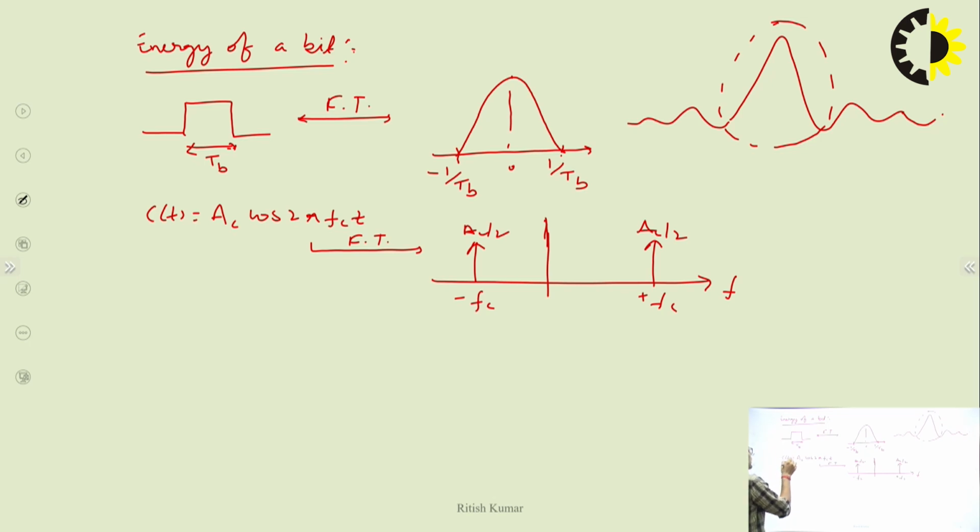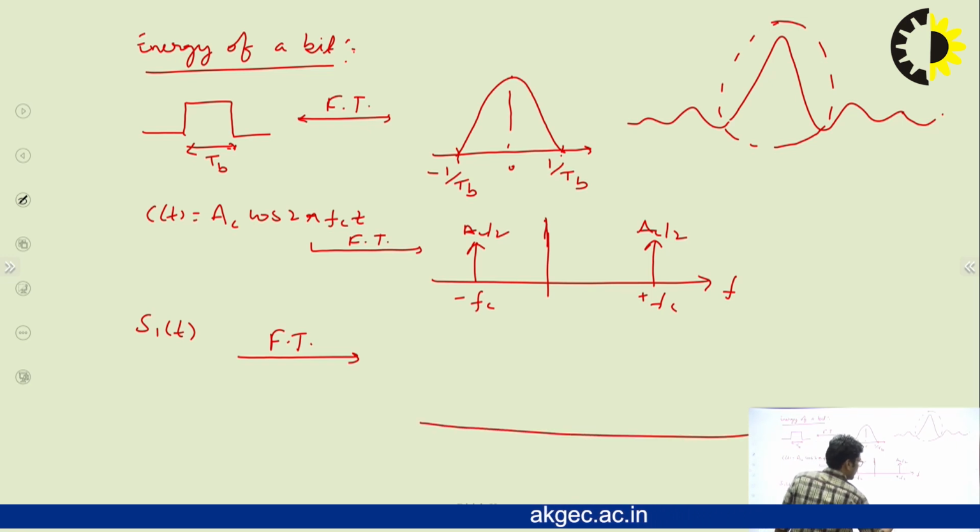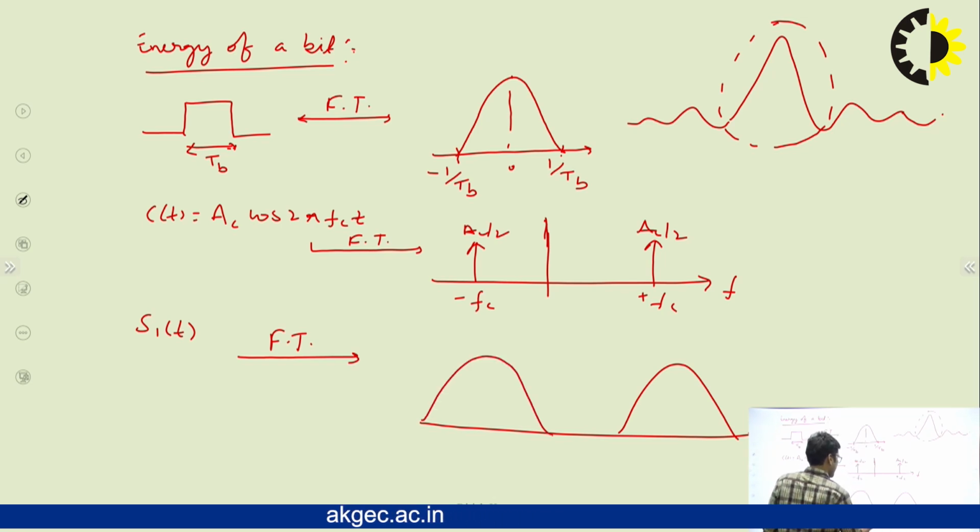If I modulate this carrier signal with this data, we have S1T. If I take the Fourier transform of S1T, these two are modulated with each other. So in the modulated signal of ASK, this is shifted towards plus minus FC because the carrier signal changes in accordance with the data. So here we have this on the positive side and this on the negative side, right?